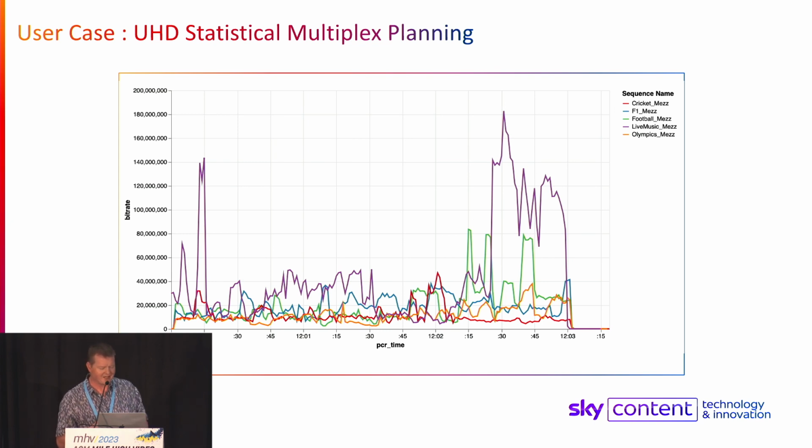In this particular example, we've got football, news, and some Olympics coverage. It's very important that you carefully look at the complexity of the content you're using and what the benefit savings are for StatMux systems.